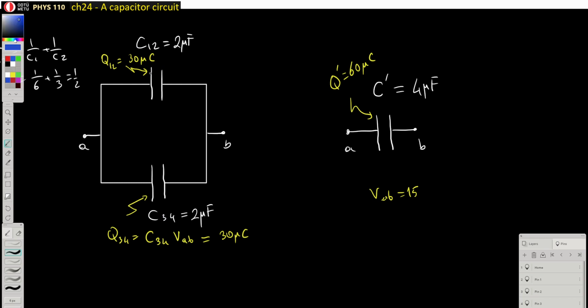So here we have two capacitors connected in parallel, and so as a result, this is the equivalent capacitor for this configuration. What I'm saying in here is that the total charge on that positive plate of that equivalent capacitor is equal to the sum of these two charges in here, the charge on this one plus the charge of that one.